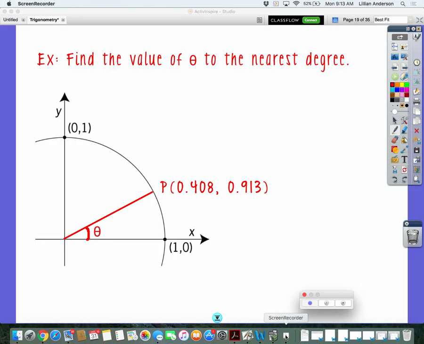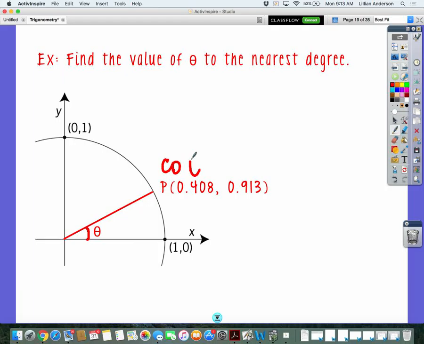You use the inverse of what? Sine and cosine. Do we need to use both? Okay. Well, we know this first coordinate is cosine theta, and the second part of the coordinate is sine theta. So yes, we are going to take the inverse.